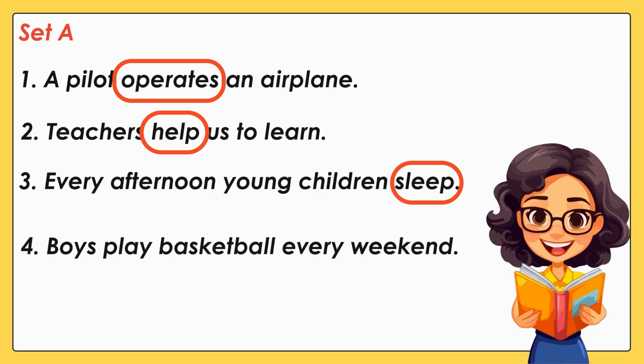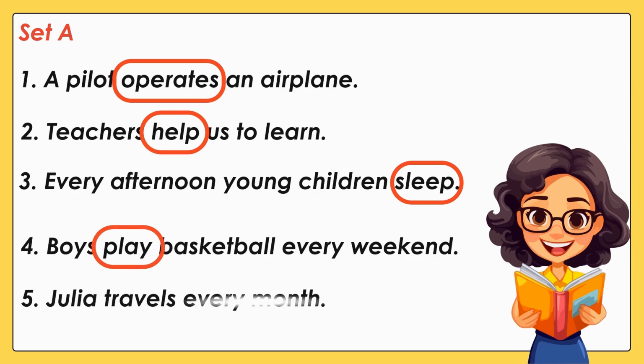Number 4, boys play basketball every weekend. The verb is play. Number 5, Julia travels every month. The verb is travels.